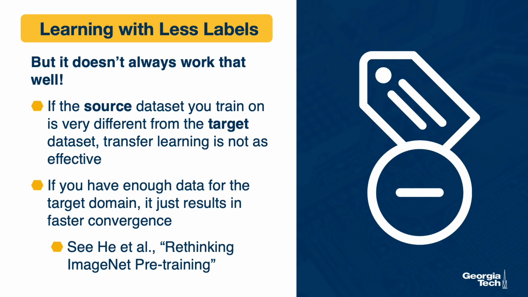It also turns out that if you have enough data for the target domain, and it does have some difference from the source domain, then you might actually get better results by just training on the original target dataset itself with random initialization. This was shown recently in a paper that's cited here.